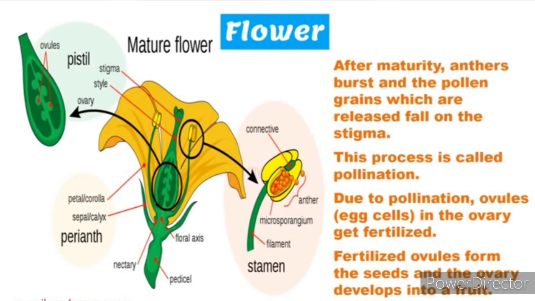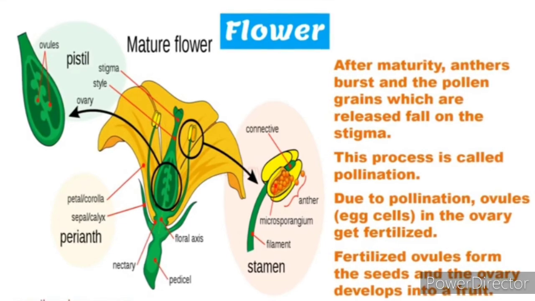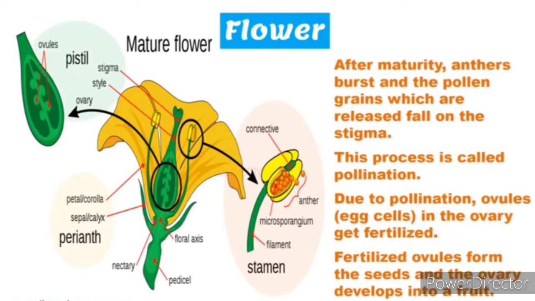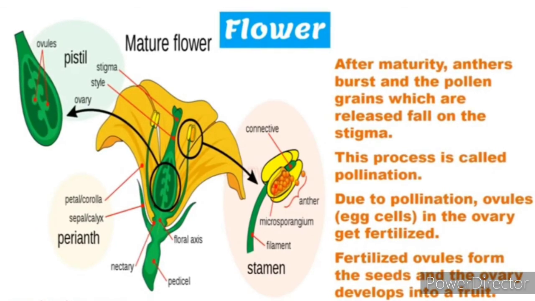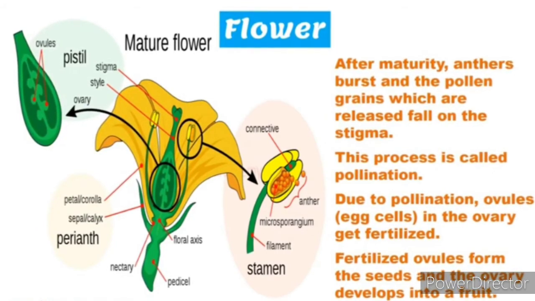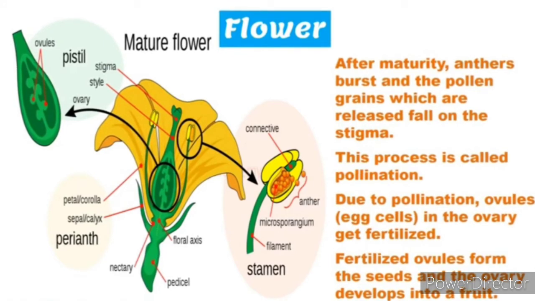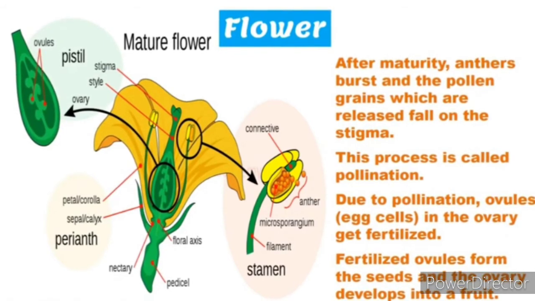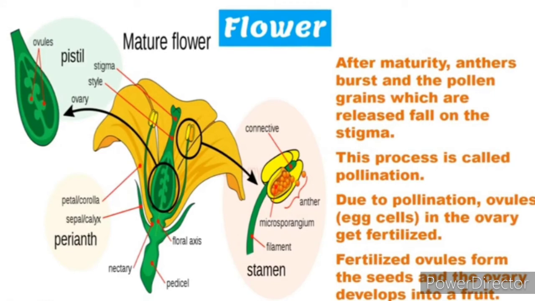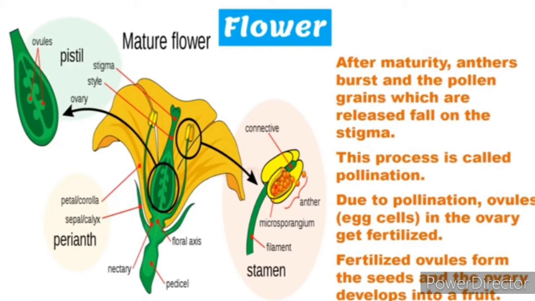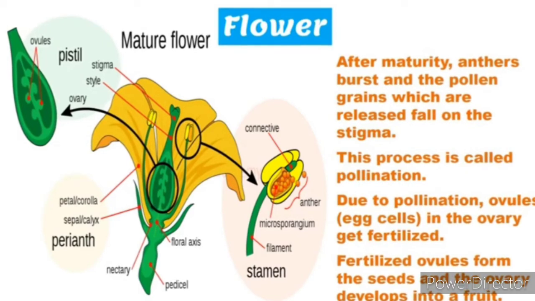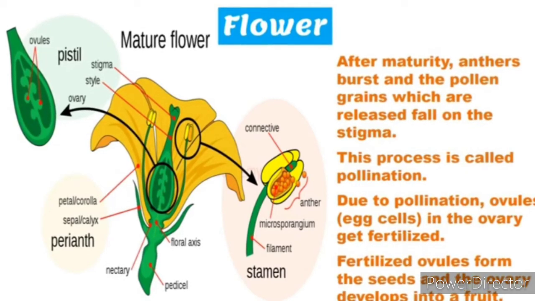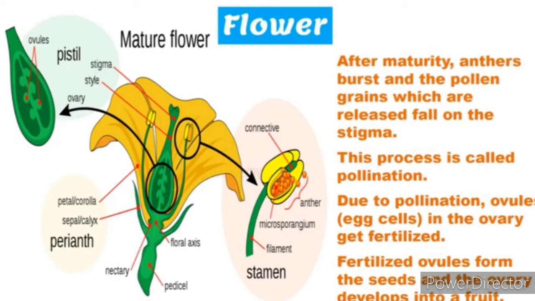After maturity, the anther bursts and the pollen grains which are released fall on the stigma. This process is called pollination. And due to pollination, the ovules in the ovary get fertilized. After fertilization, these ovules form the seeds and the ovary develops into the fruit.